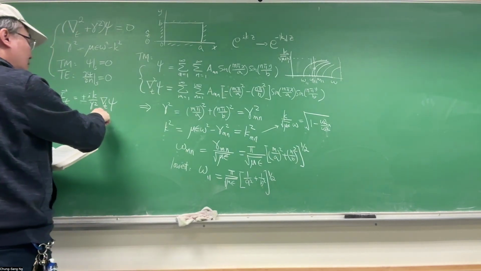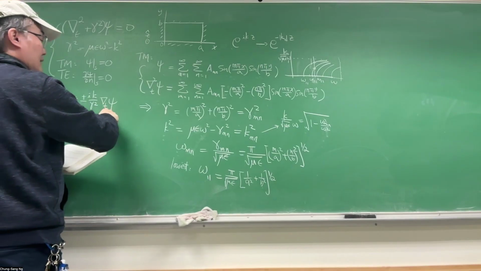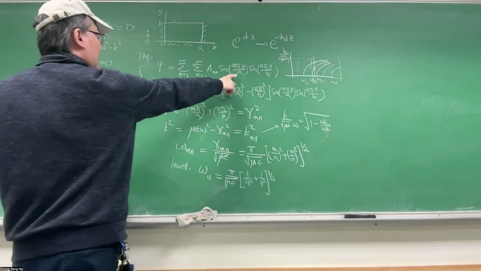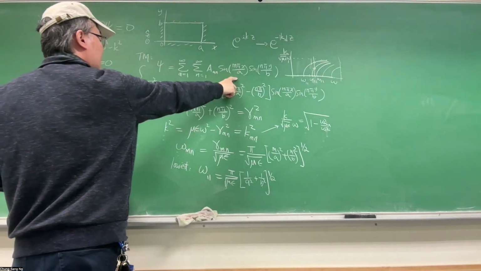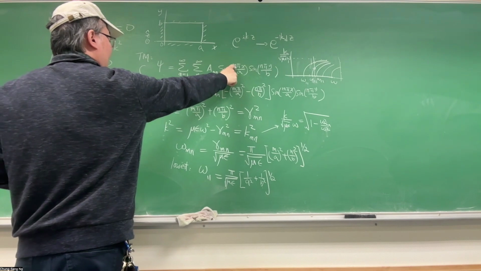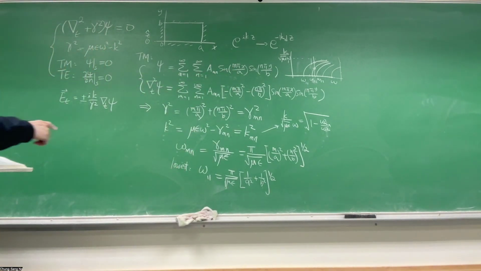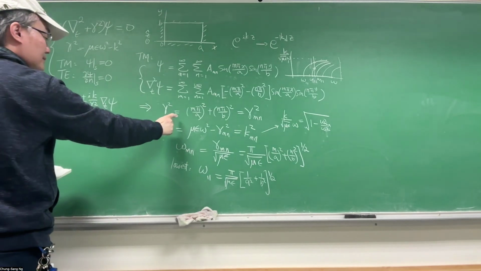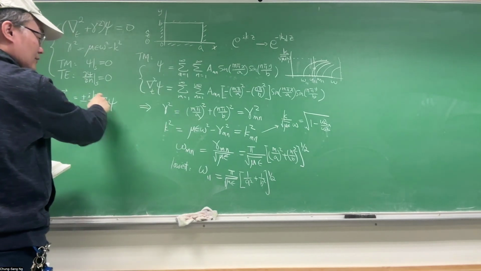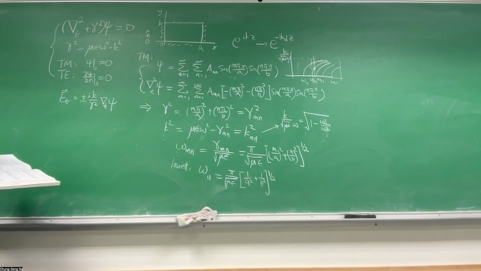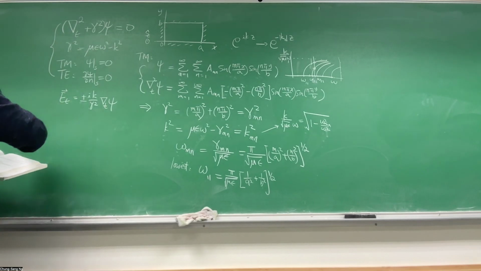It's taking one derivative, so the X component is partial X. So operate on this one. It changes that to cosine and pulls out the m pi over a factor in front, which is straightforward. And this gamma is the same as this gamma, and K is solved by this one. So everything you have here, and then you get the EX and EY component this way.